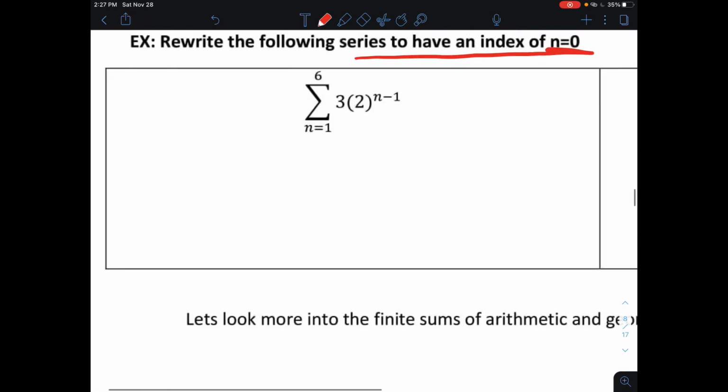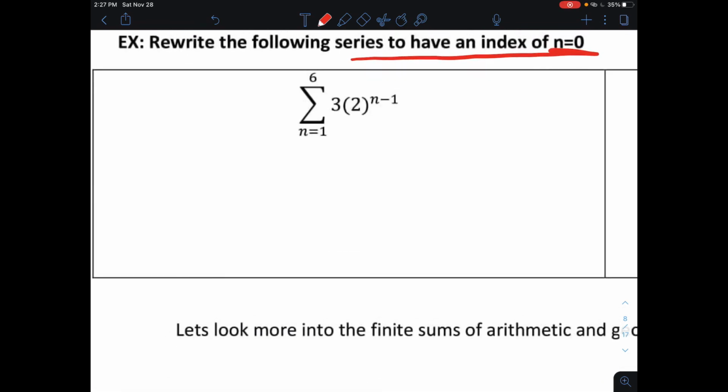So we're going to look at the first one on the left. I want to rewrite the summation from n equals 1 to 6 of 3 times 2 to the n minus 1 power, starting with n equaling 0. They have to be equivalent forms. So if n is equal to 0 where it was 1, I need to take my current n and add 1 to it.